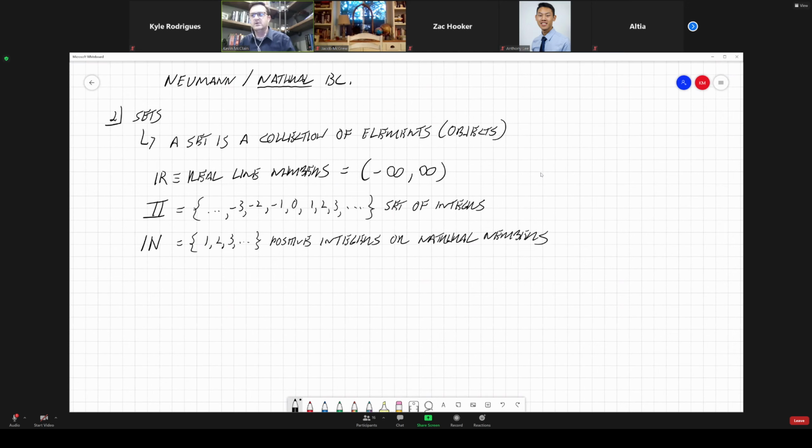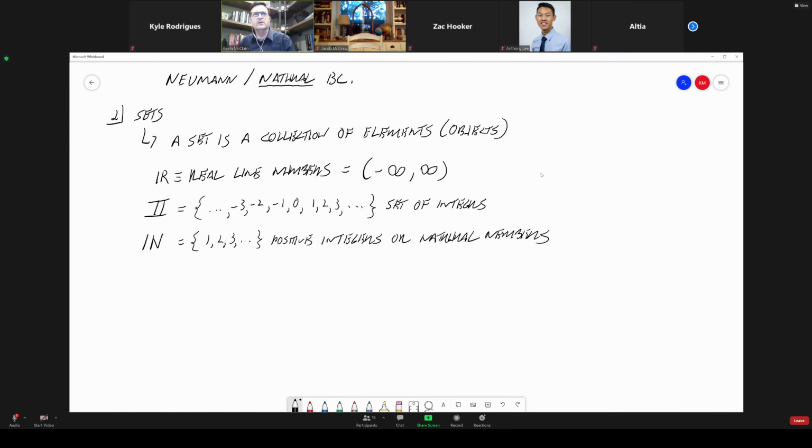Let me make sure I got this right. C means subset. So N, the positive integers or natural integers, is a subset of all integers.